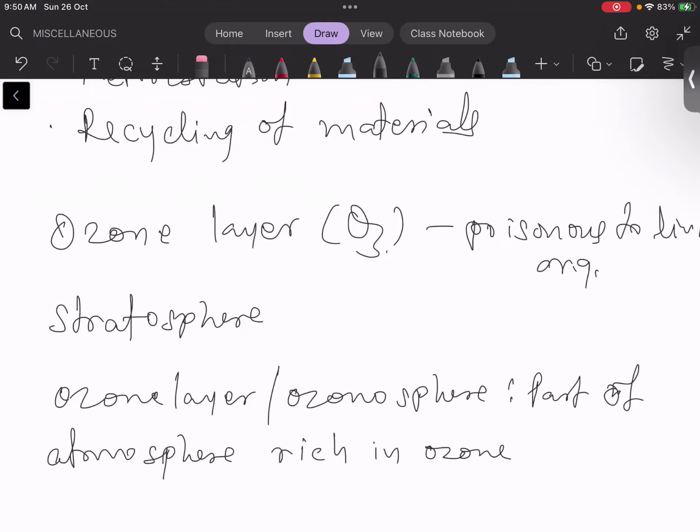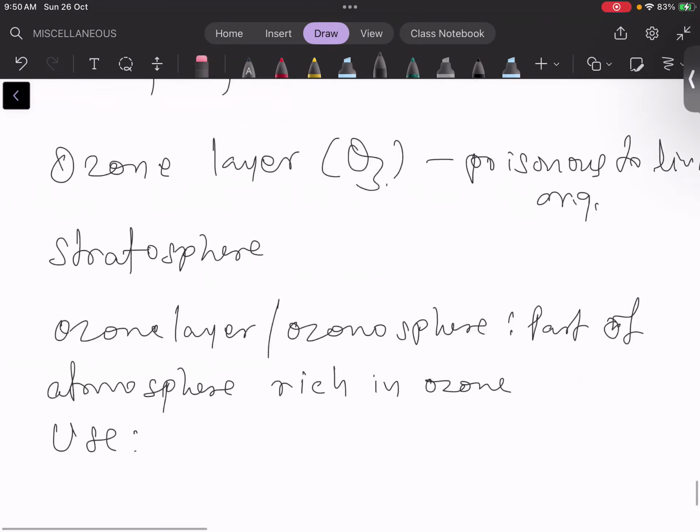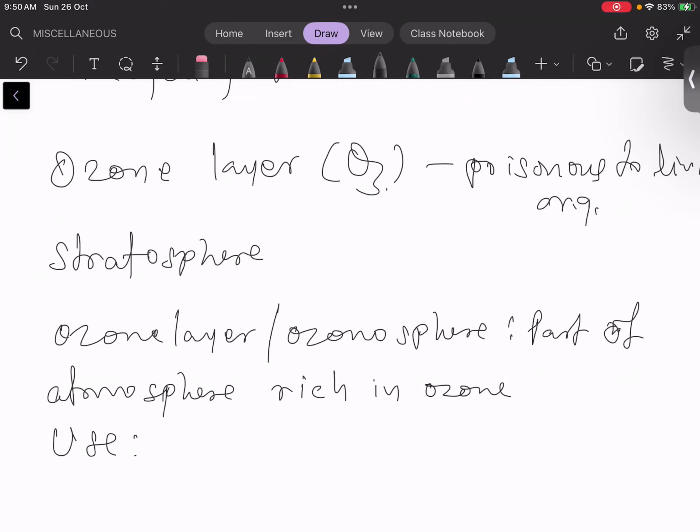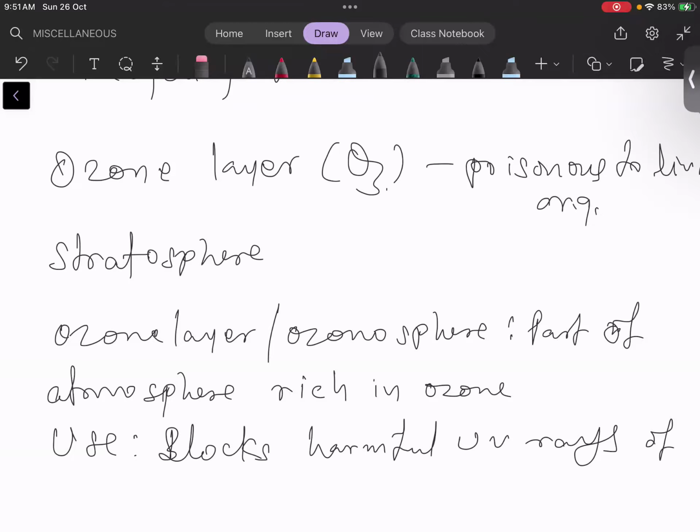Now, what is the use of the ozone layer? It blocks harmful UV rays of the sun from reaching Earth's surface.